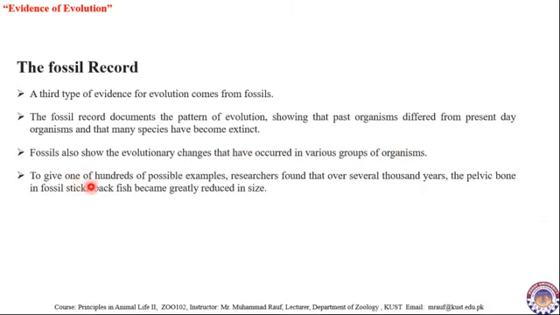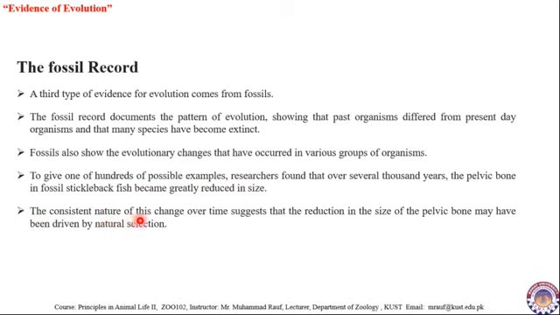To give one of hundreds of possible examples, researchers found that over several thousand years, the pelvic bone in fossil stickleback fish became greatly reduced in size. The consistent nature of this change over time suggests that the reduction in the size of the pelvic bone may have been driven by natural selection.